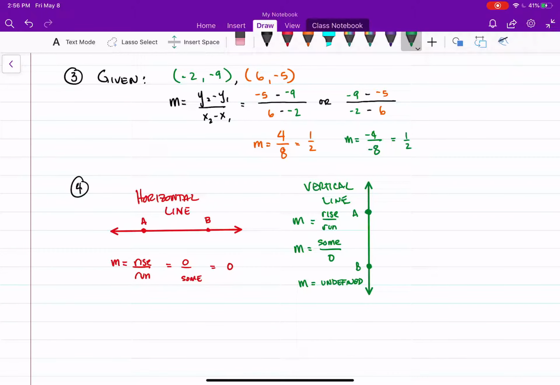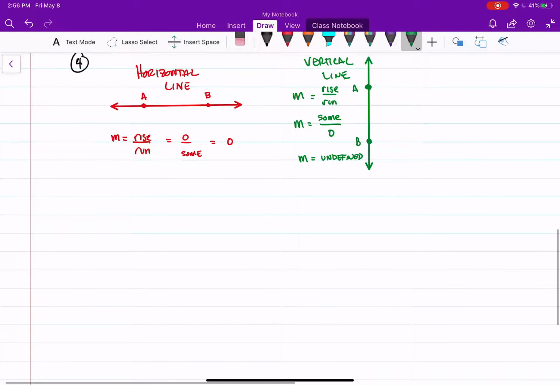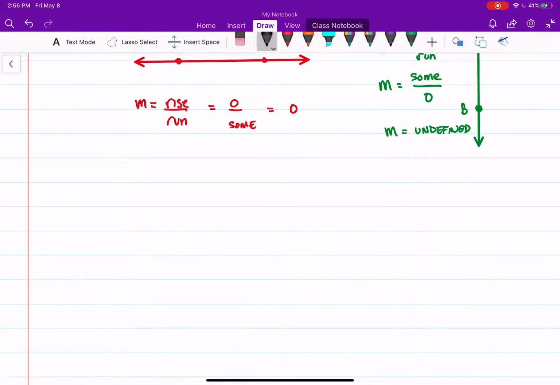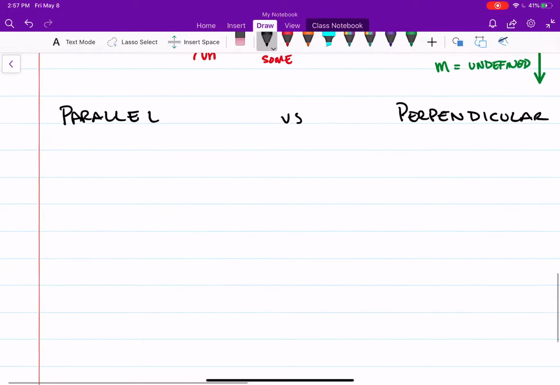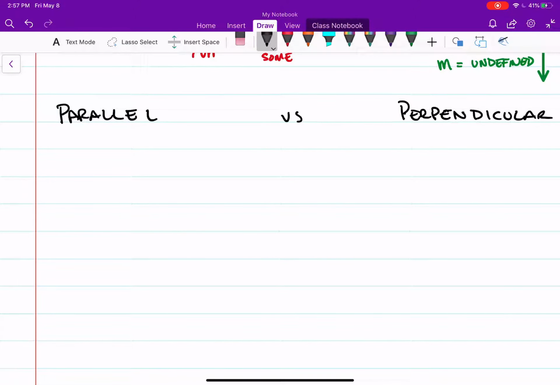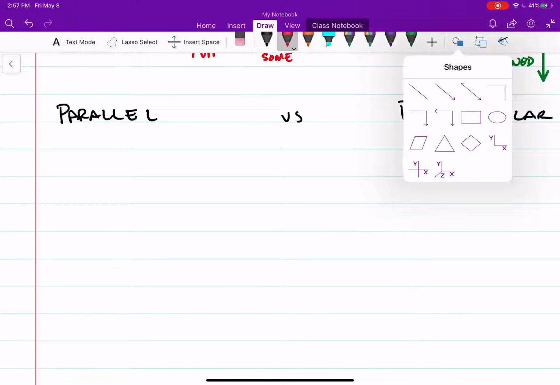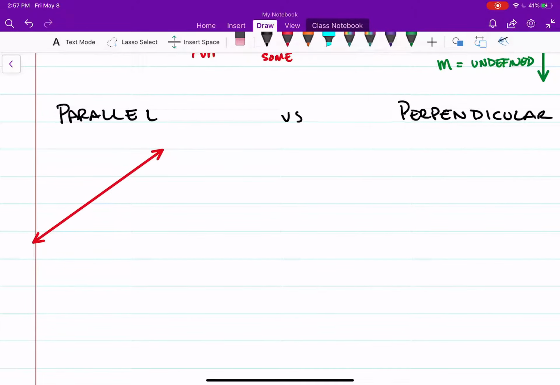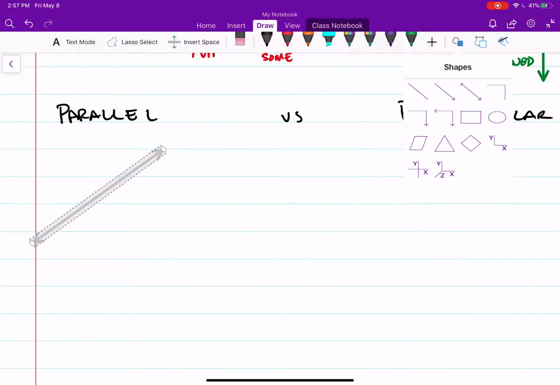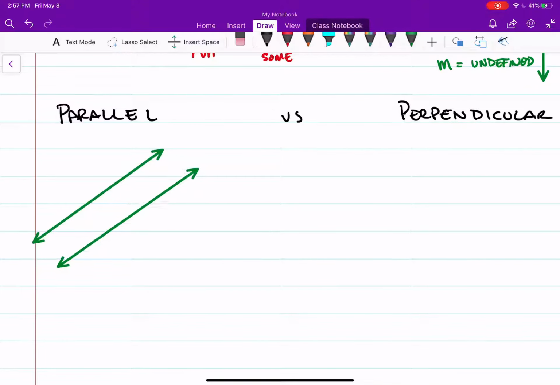All right, so the next thing we're going to talk about is parallel versus perpendicular. Okay, so if 2 lines were parallel, they'll look something like this.